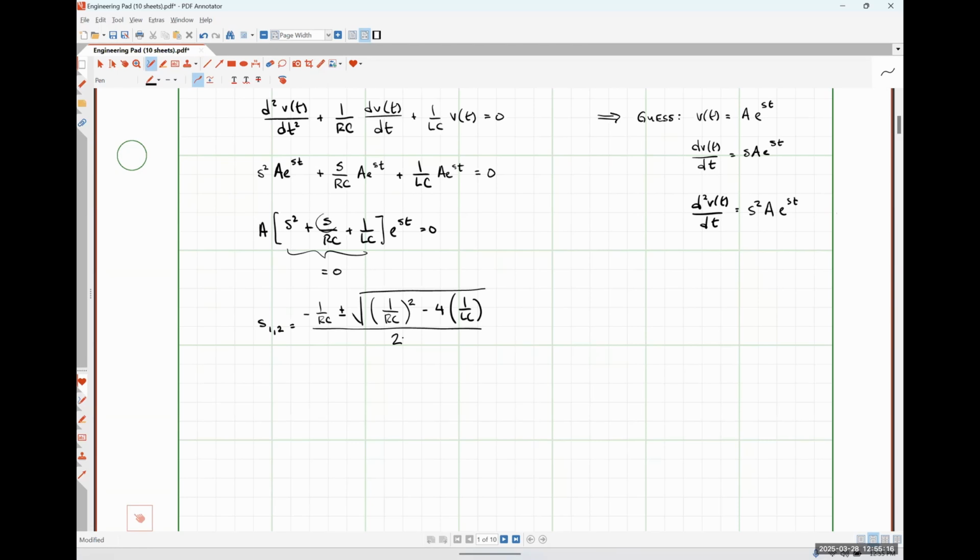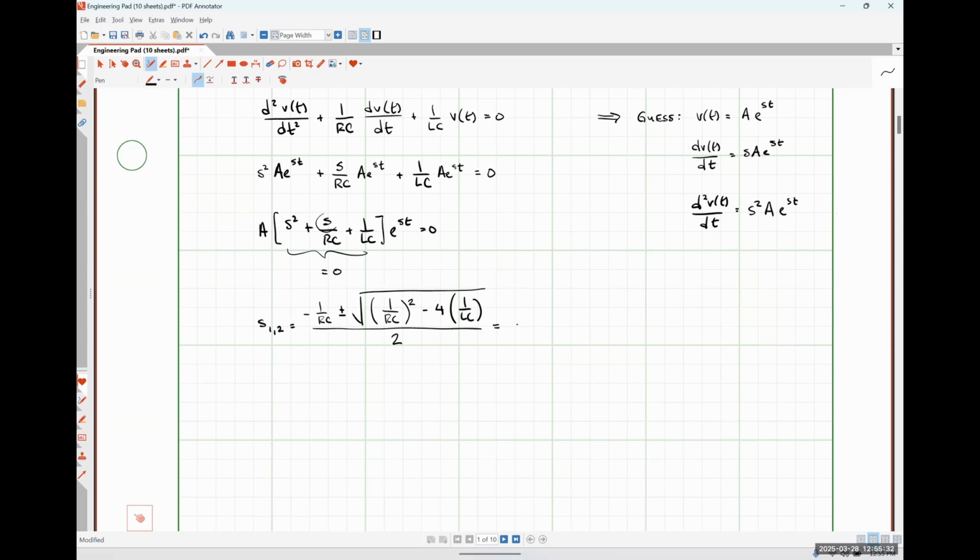What I'm going to do now is I'm going to incorporate that 2 that's in the denominator up into the numerator so that I don't have too many fractions all over the place, right?